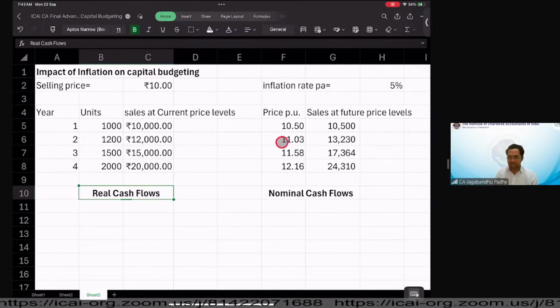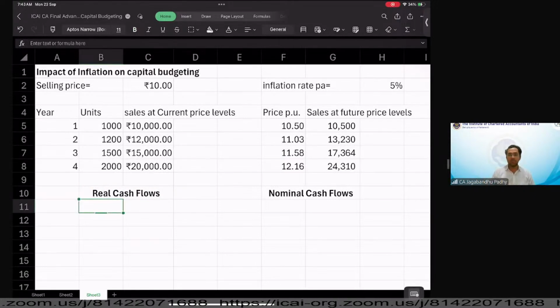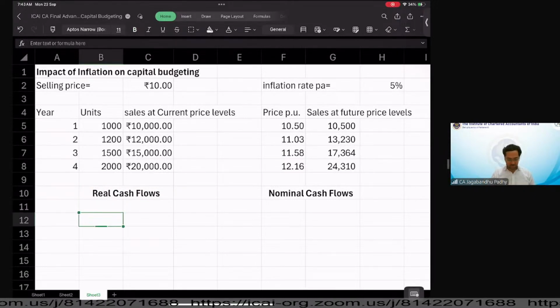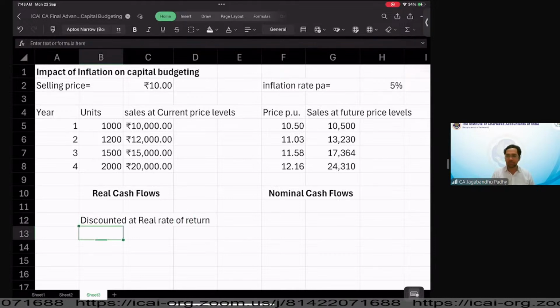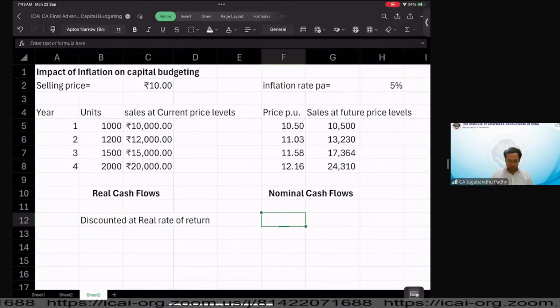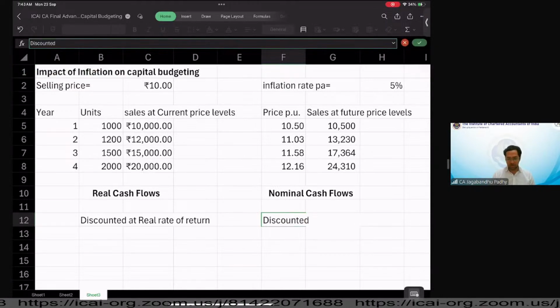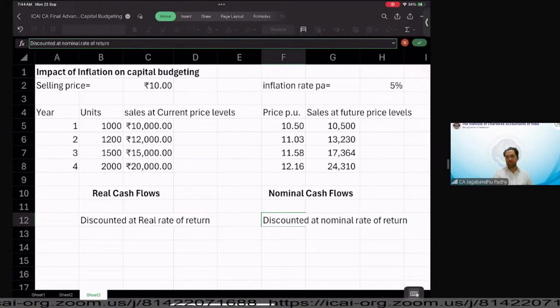Because when your prices are inflated, how can you use the same discounting rates? So the idea is the real cash flows are going to be discounted at the real rate of return, right? And nominal cash flows are going to be discounted at the nominal rate of return.